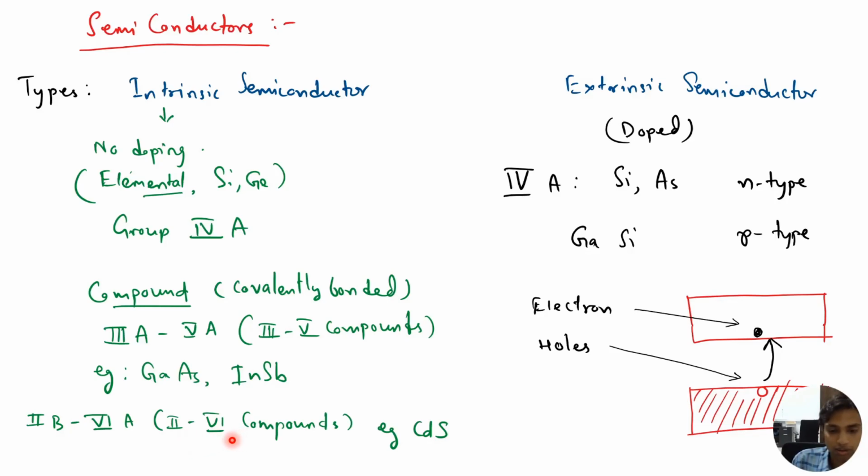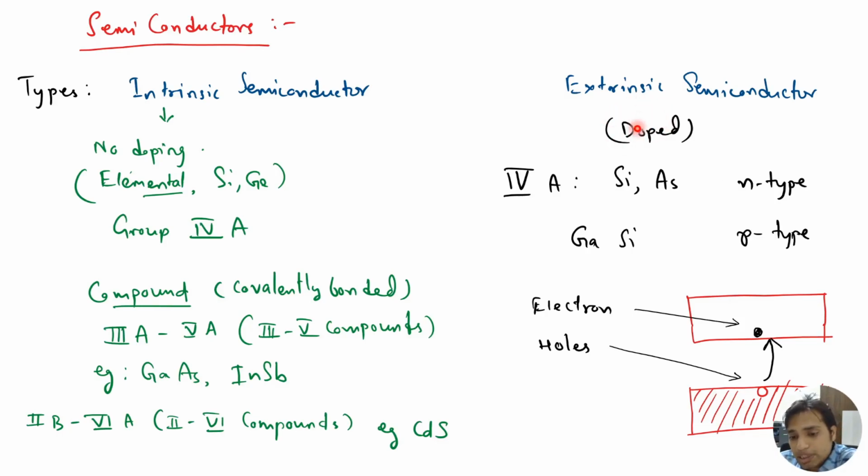For example, sodium chloride is a 1-7 compound, but it is not a semiconductor. Why? Because the electron from sodium will be completely transferred to the chlorine atom. So it will be an ionic bond instead of a covalent bond. And for you to have a semiconductor, you need to have that covalent bond in it. Okay, so this is about the intrinsic semiconductors, and these are some examples.